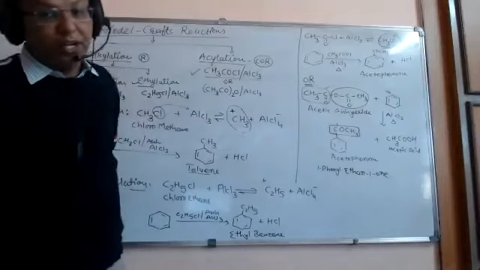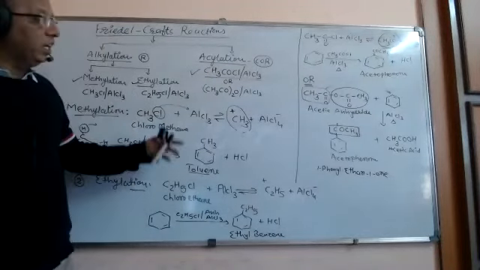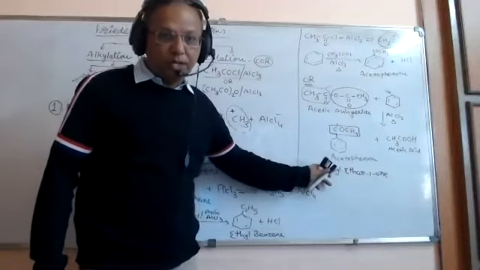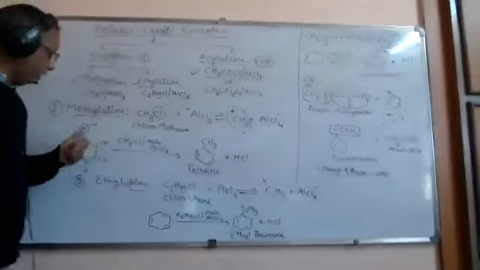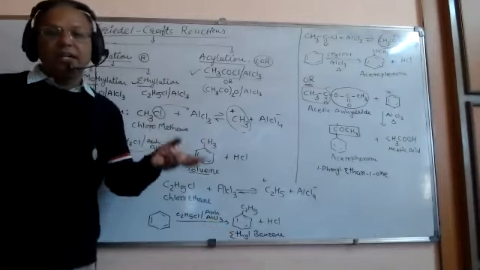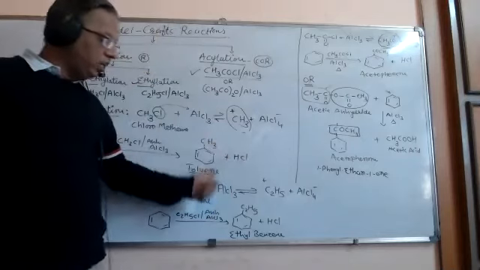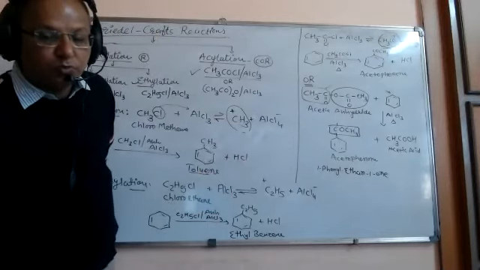Acetophenone is the common name. So this is the reaction by which we can get acyl benzene. This is called acyl benzene, commonly named. This is also acyl benzene. And here, this is alkyl benzene. Alkyl and acyl are common names. Here, methyl and ethyl are taken as their IUPAC names. So, methylbenzene.